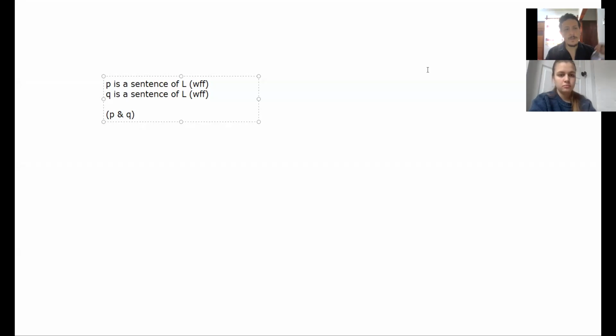Right, so if these are sentences of the language, P and Q, then our syntax rules for L tell us that their conjunction is also a sentence. Again, I didn't introduce specific rules for parentheses in forming sentences, but the intuition here is that whenever you have a parenthesis, whatever is inside it is supposed to be a sentence, or you are suggesting that it is a sentence.